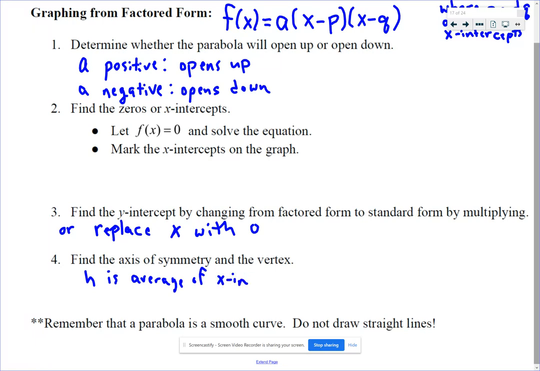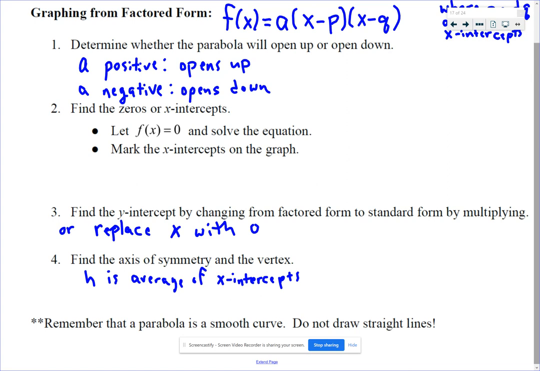Once you have the x-coordinate of the vertex, which is your h, you can always plug it back into your function to find the y. So you do these 4 things. You determine whether the parabola is going to open up or down. You find the zeros or the x-intercepts and mark them on the graph. You find the y-intercept. You find your axis of symmetry and your vertex.